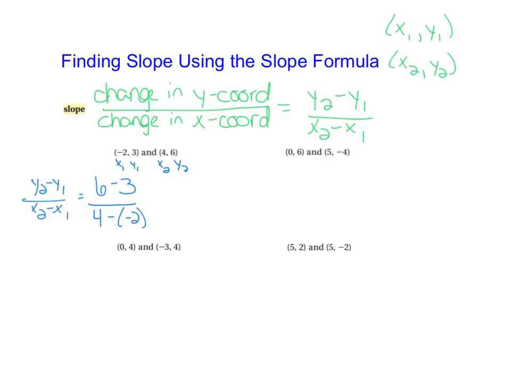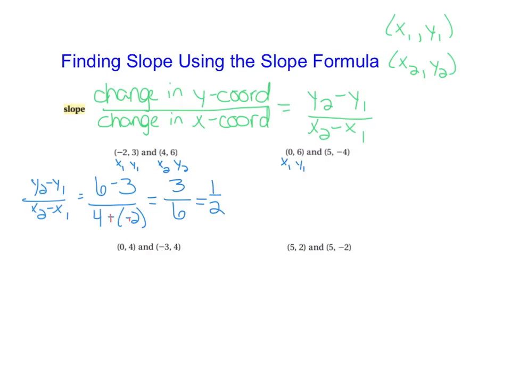I put that negative 2 in parentheses. Remember, when you substitute a negative, put it in parentheses. So 6 minus 3 over 4 minus a negative 2. What is 6 minus 3? 3. What happens to 4 minus a negative 2? Keep it, change it, change it. I get 4 plus 2, which is 6. 3 over 6 is 1/2. Okay? It simplifies.